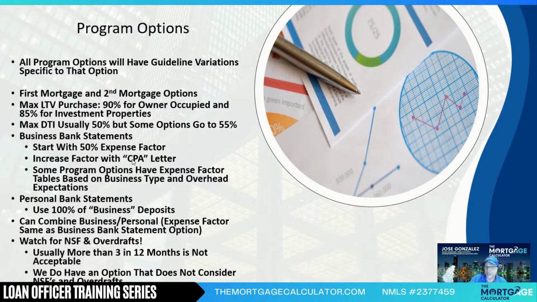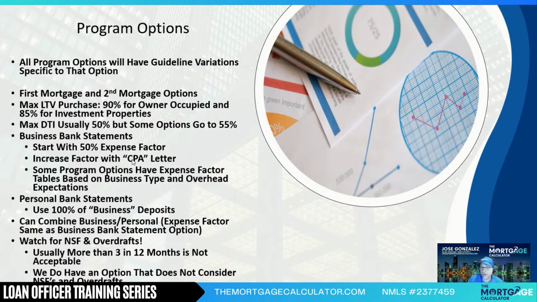Because that's another thing. They're going to look at the expenses that you can see clearly on the bank statement, right? It's not just credits that are on the bank statements, it's debits as well. They're going to see all those debits, and if they see a lot of business-related debits, and it's not like debits because you're taking the money out, you may have an adjustment to your expense factor, or the borrower may be asked to provide a profit and loss report to document that low expense factor.